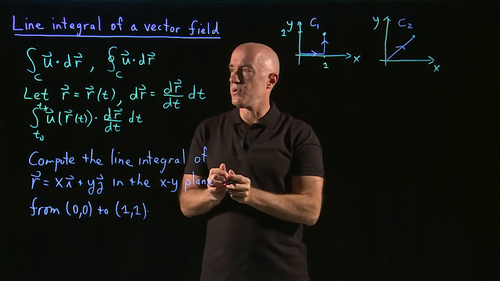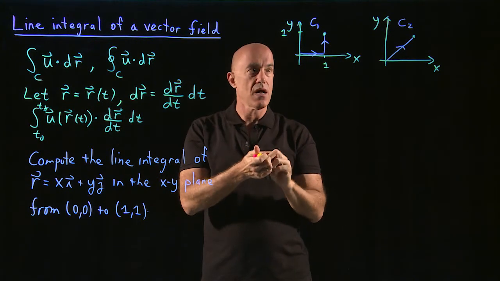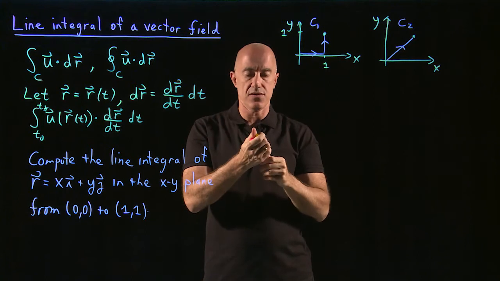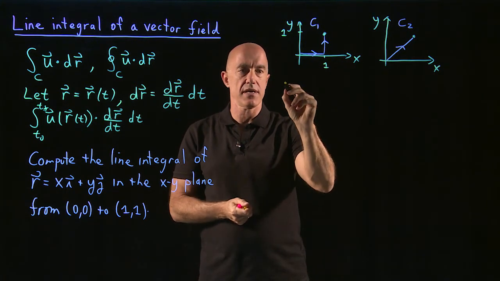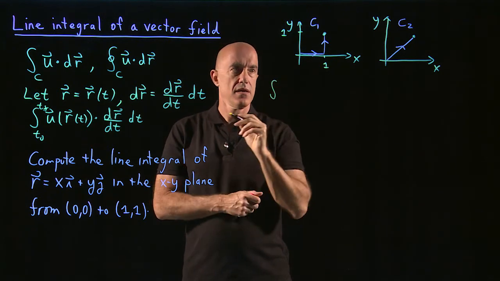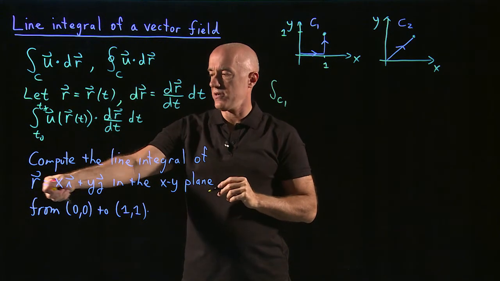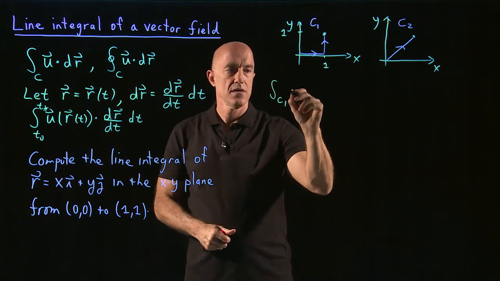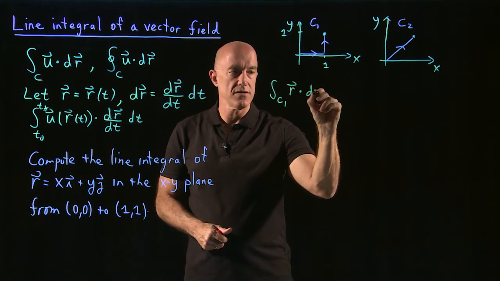So I want to compute the line integral along C1 and C2. So let's start with C1. So what we are computing is the integral along C1 of our vector field, which is r, dotted against dr.